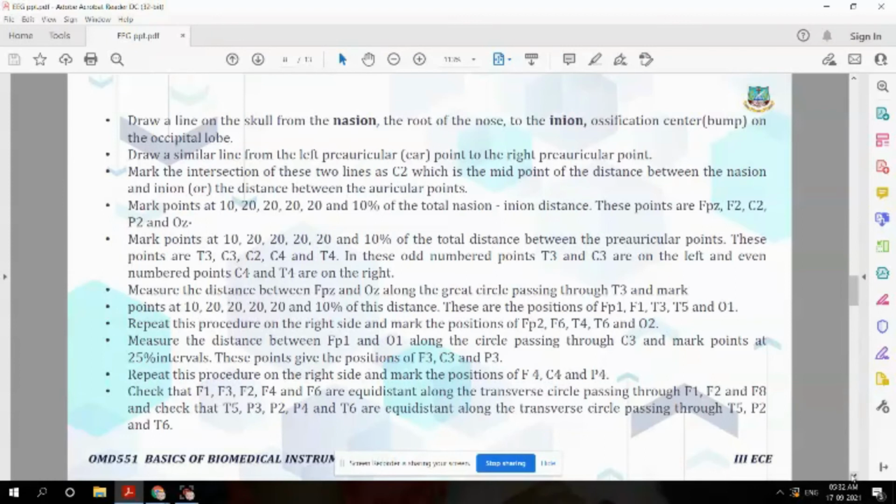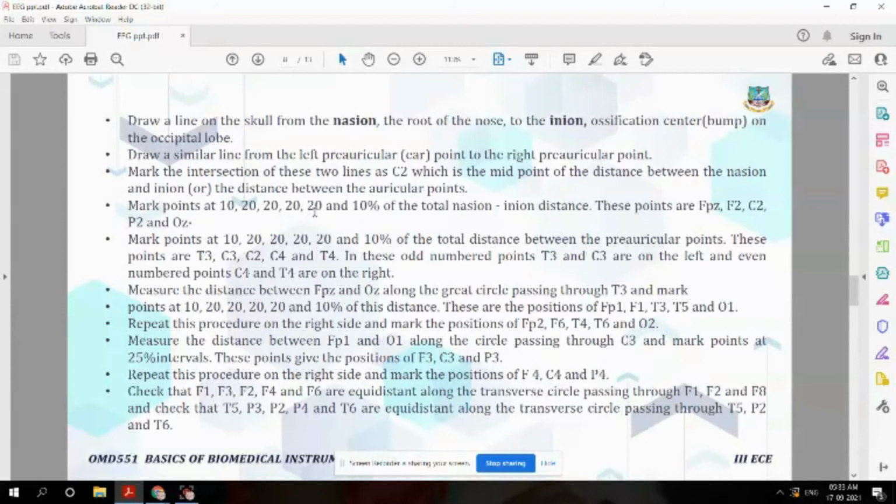So we mark the center point as Cz, the central point. Then the fourth step, we mark the points at 10, 20, 20, 20% of the total Nasion to Inion distance.